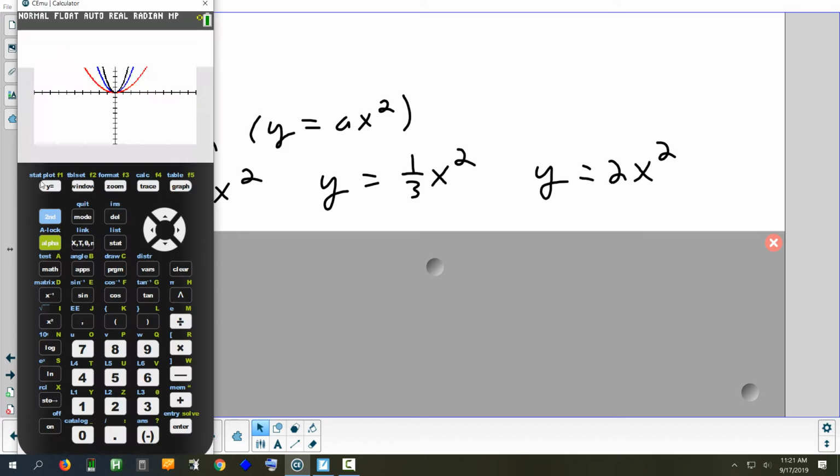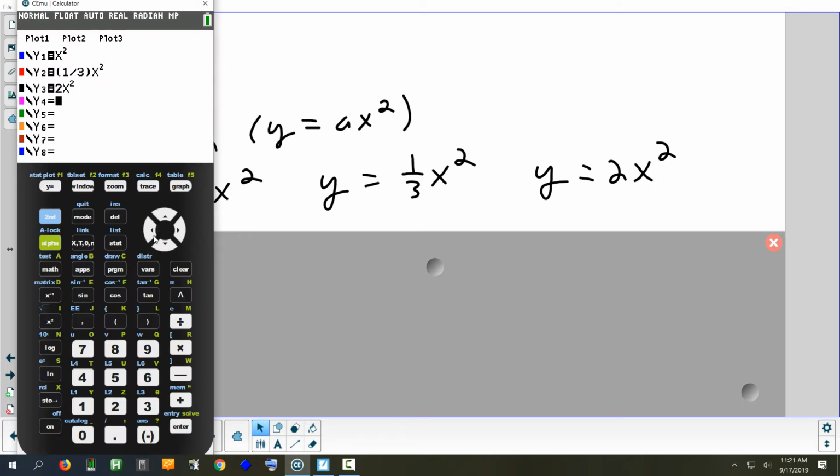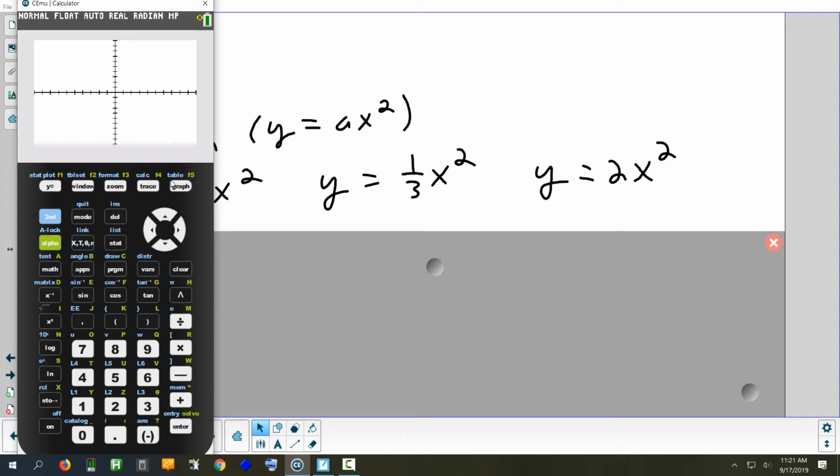If I put in a number like, let's change the 2x squared to 6x squared. What's going to happen now is it's going to stretch and be even skinnier. Yeah. So any number less than 1 but more than 0 will compress it. Any number between 0 and 1 will compress it.